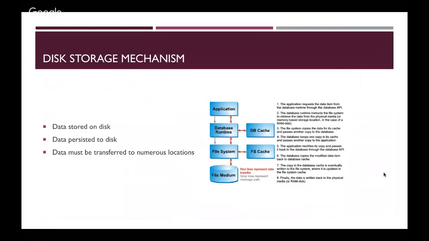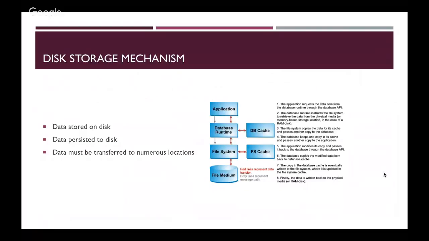So whenever you are trying to access your data with a disk storage mechanism, the data has to be called upon and then transferred from the disk storage to the main memory in order for the user to see it.